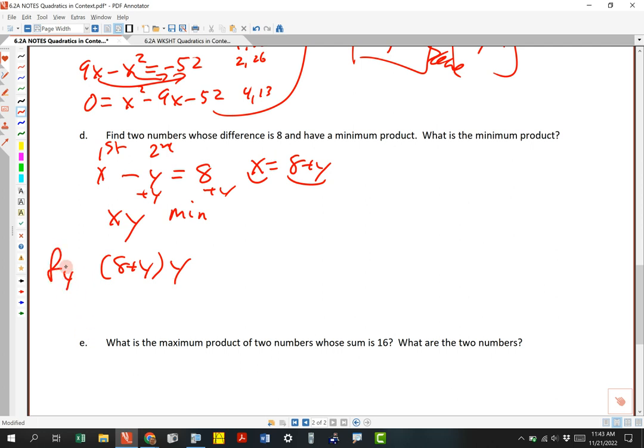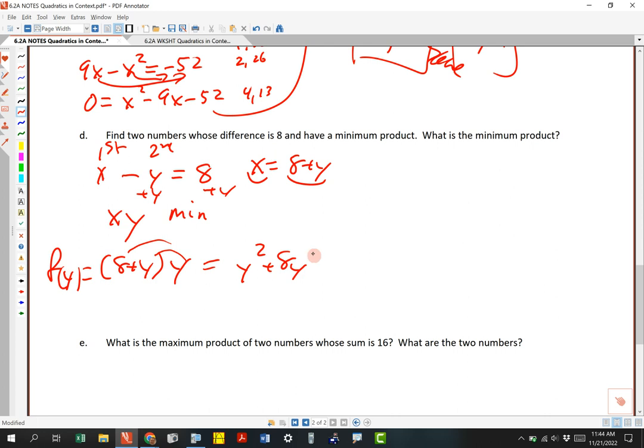Okay. This is our function. We can do this without a calculator. What shape is this if we multiplied these together? It's a parabola. It starts off with a y squared plus 8y. Don't let the y's mess you up and make you think we're switching variables.